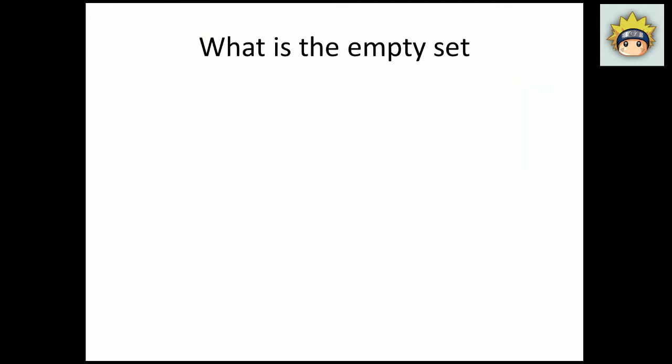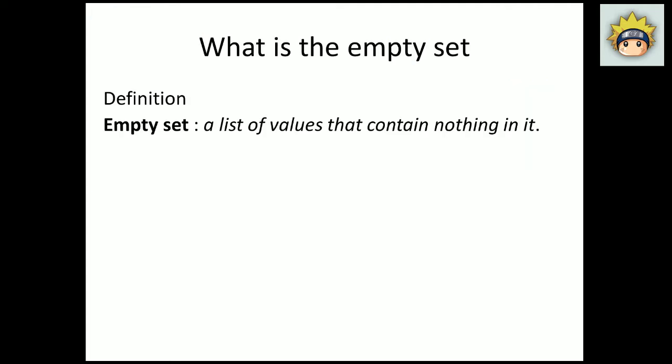So, what is the empty set? Let's start off with the formal definition. In set theory and in higher mathematics, the empty set has a different, better definition. The definition that I'm giving you now is very basic, but this is all you need to know about the empty set.